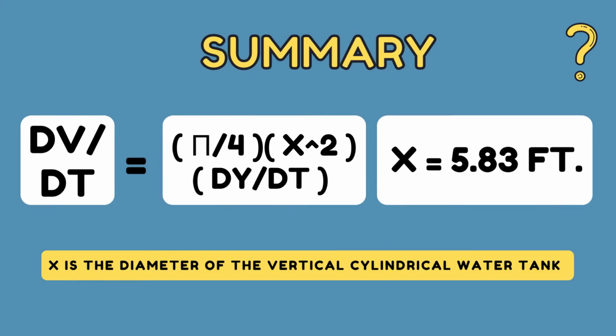Using calculus, we represent volume flow rate, or the rate at which the water is flowing, as dV over dt, which is equals to the differential of the formula for the volume of vertical cylinder, where pi has a constant value of 3.1416, x represents the diameter of the tank, and the rate at which the water is rising is represented by dy over dt.